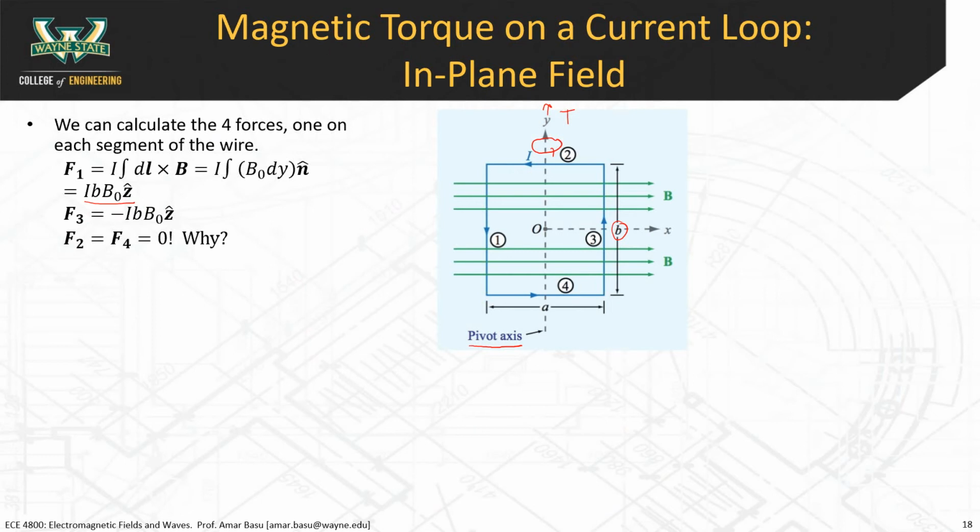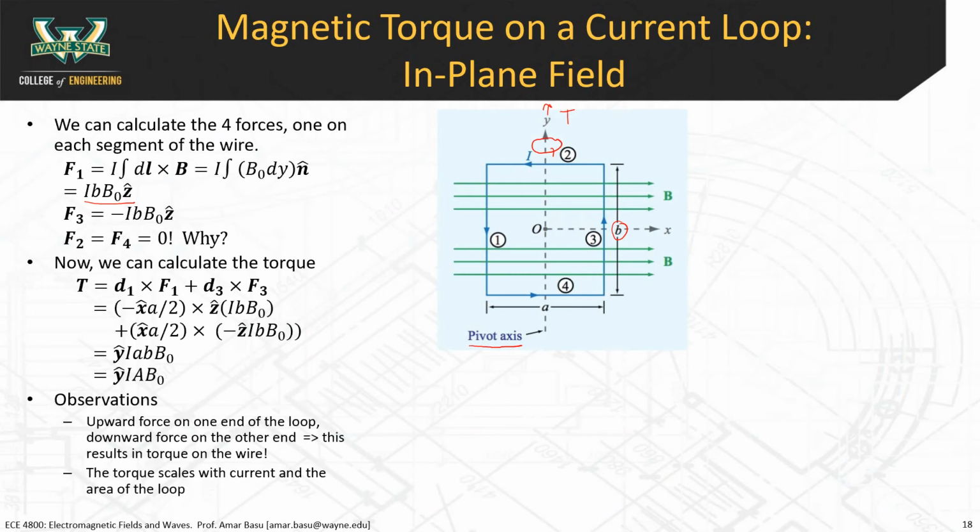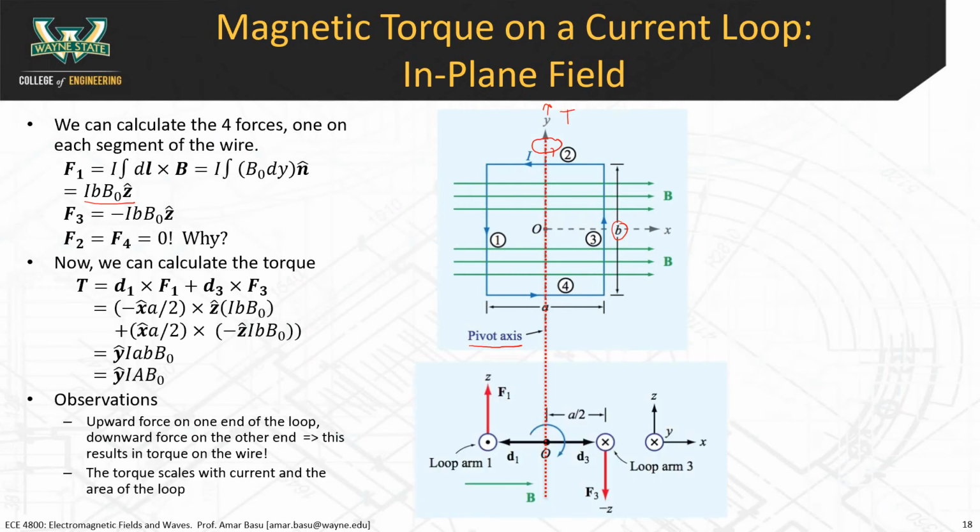So let's quickly look at which direction z hat is pointing. I'm going to just add some of this so you can see here that the z-axis, this is the top view, and then this one is the side view. So just so everyone's clear on that.